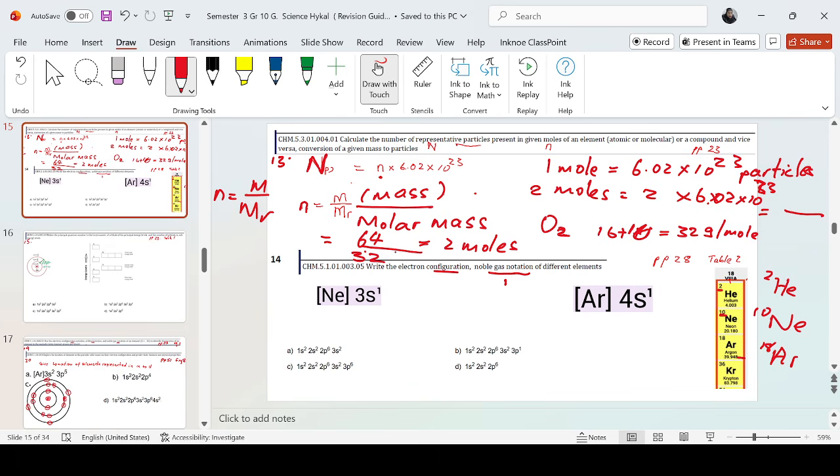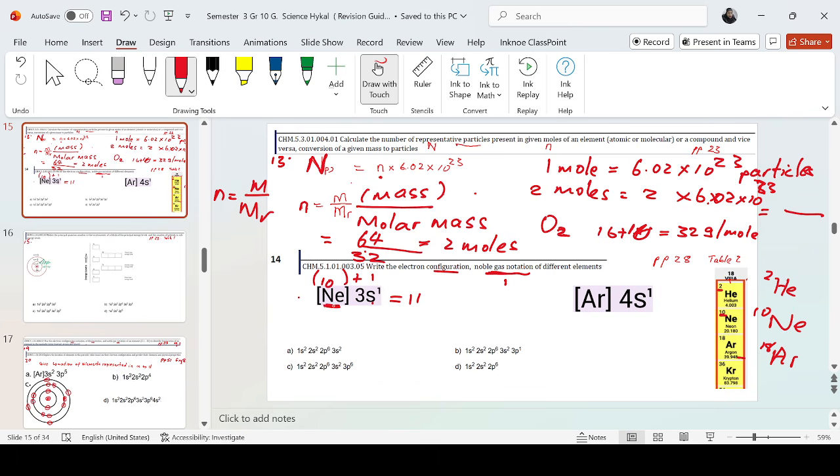So we come to this. How many electrons are here? Neon has 10, so inside here we have 10 already, plus how many in the 3s? 1. 10 plus 1 is 11 electrons. This is called the noble gas notation.